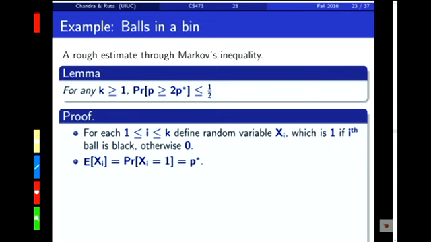Then what is the expectation of xi? It's P star, right? Because of the with replacement condition. The ith sample is no different from the first sample.